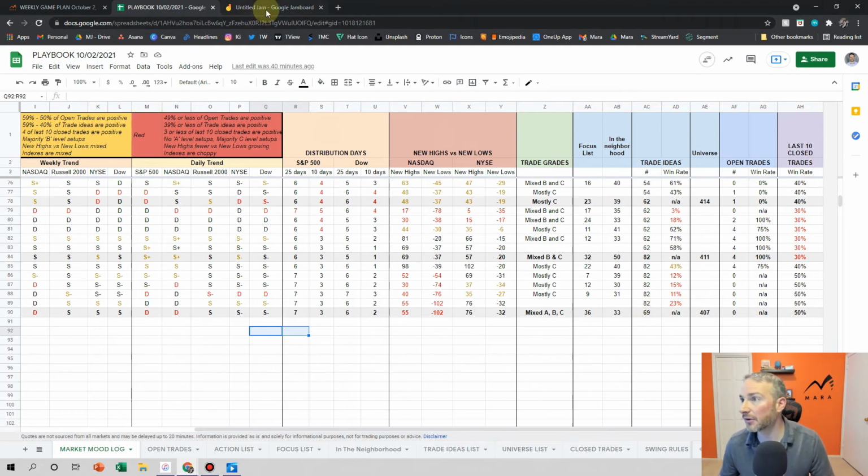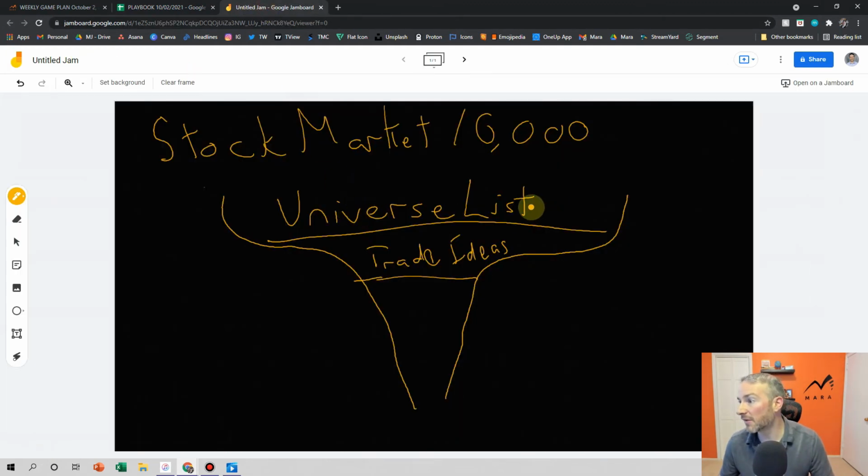So it got filtered down from the universe list into the trade ideas list. And then after I have my initial set of trade ideas, I'll do further analysis on that list.